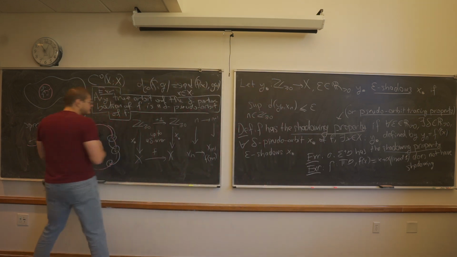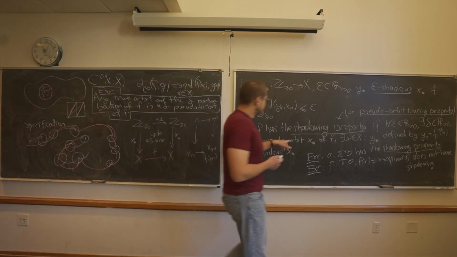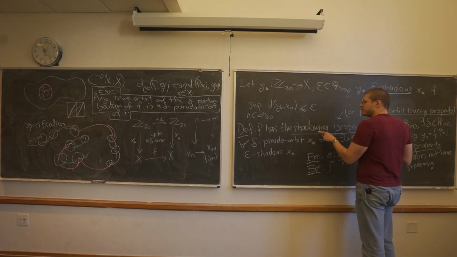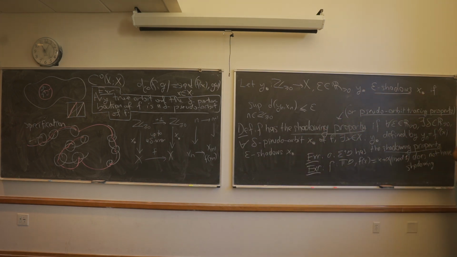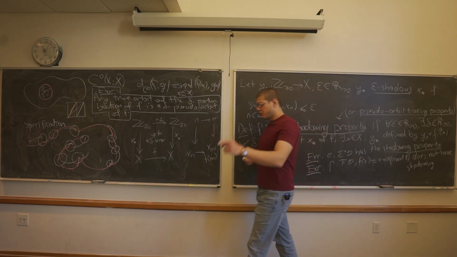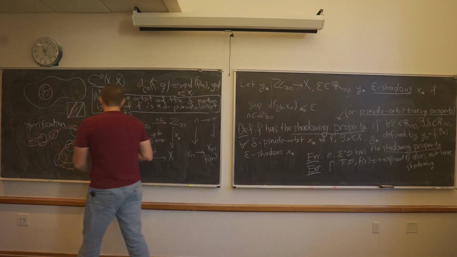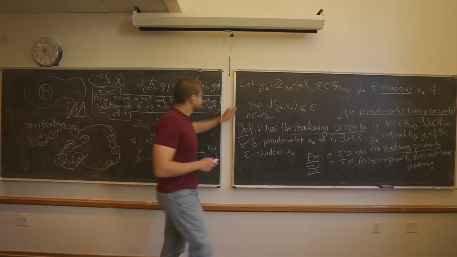So let's just connect this back to iterated function systems. Oh, I should mention, or maybe it's an exercise now, that the shadowing property is invariant under topological conjugacy, which means that if I have two metric spaces, with dynamical systems on each of them, and there's a topological conjugacy, then one has shadowing if and only if the other one does. So maybe I should write that there.